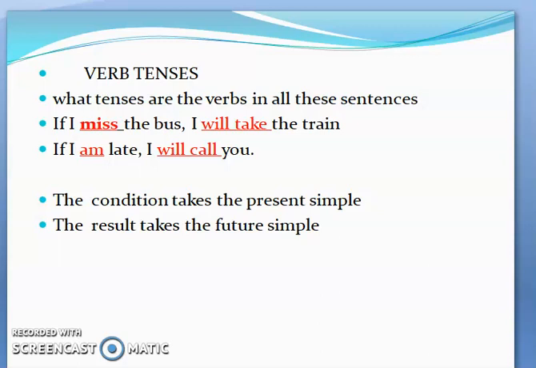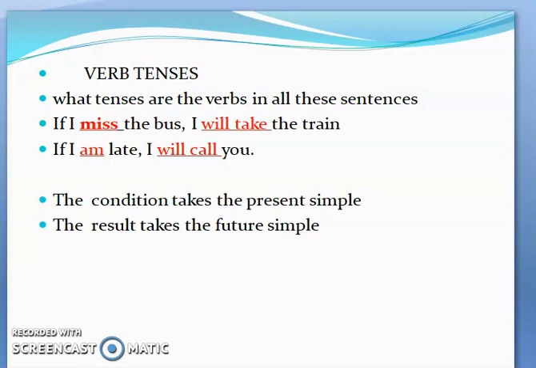So keep this in your mind, my dear students. In the first conditionals, you need to make use of simple present tense in the if conditional sentence, and you need to use future tense in the main clause. As I told you, conditional sentences have two clauses.